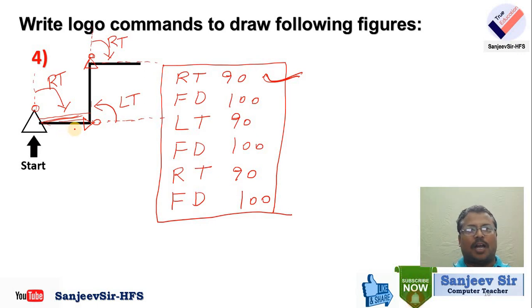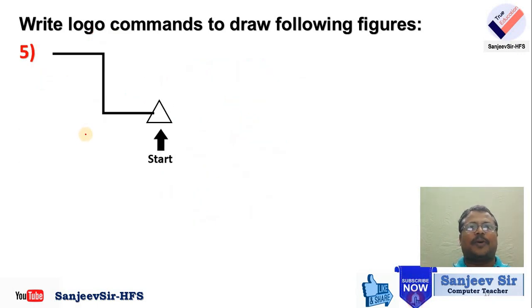Okay, now we go to question number 5. I think this one is also the same. The turtle head is here, and the turtle will not go in this way, the turtle needs to draw the line in this way. So the turtle will turn here, that means LT will be first.